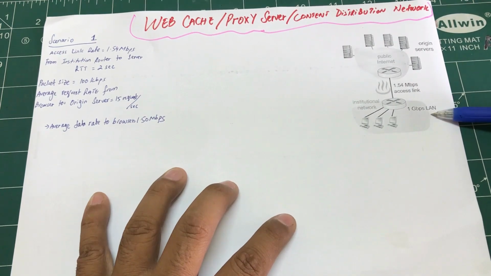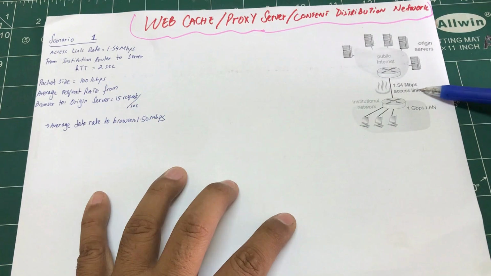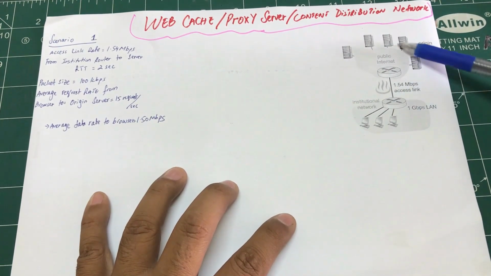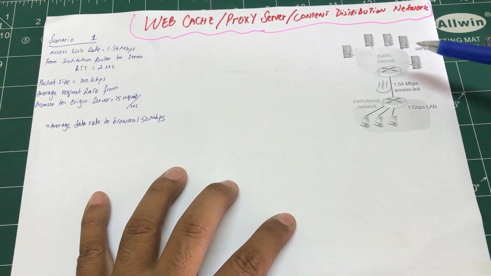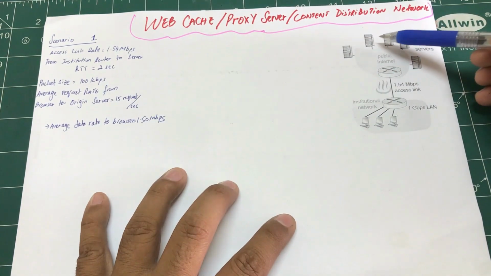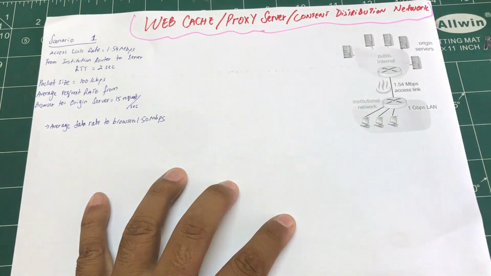So I have a higher gigabits per second LAN, and an access link of 1.54 megabits per second that is connecting me to the internet or the other services available on the internet, for example YouTube, Google, Amazon, and other stuff like that.